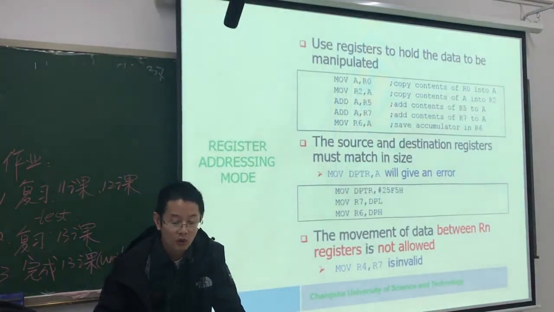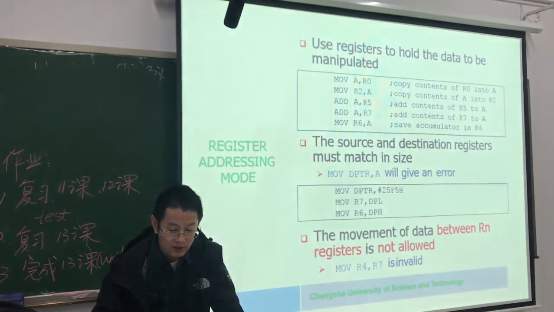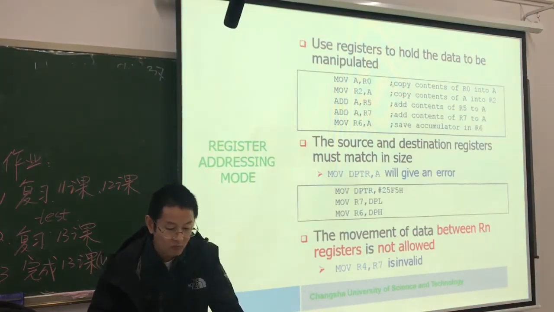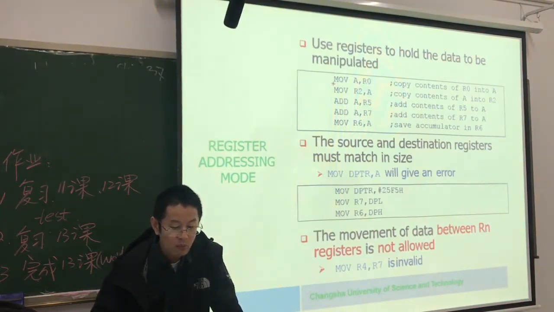Register addressing model. Use registers to hold the data to be manipulated. MOV A, R0: copy the contents of R0 into A. MOV R2, A: copy the content of A to R2.